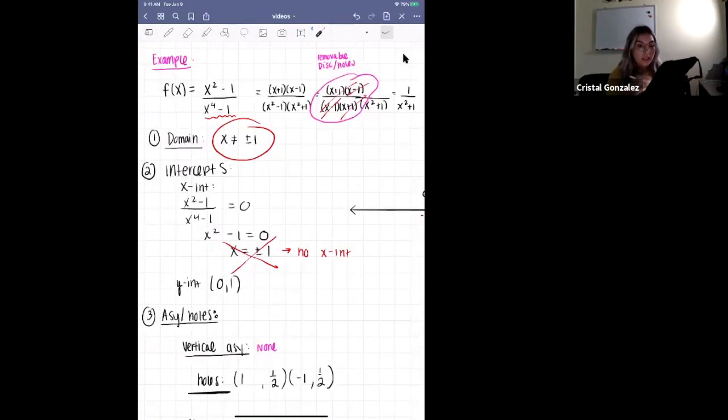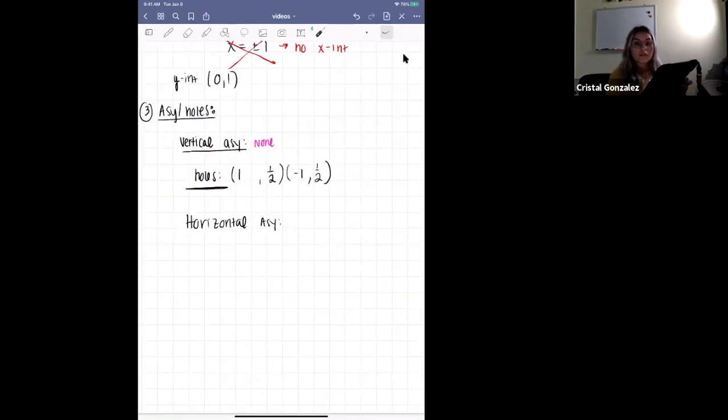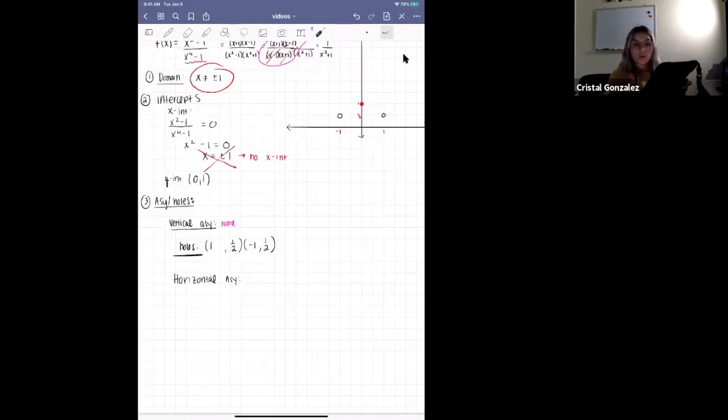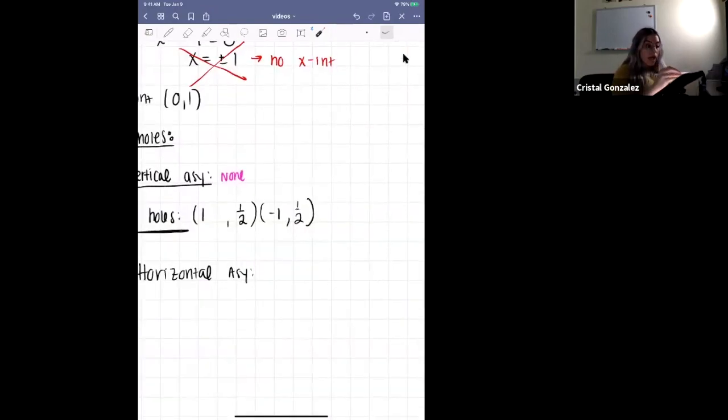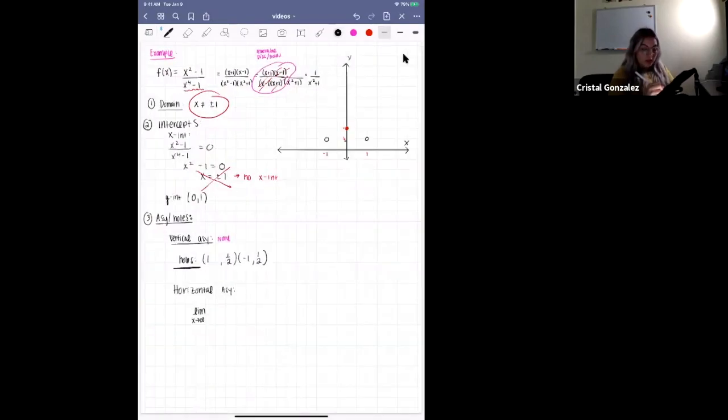So I know that it's going to equal y equals 0, but what if, since we know L'Hopital's rule, we actually used our limit notation and said, if we take the limit as x approaches infinity of f of x, which is x squared minus 1 over x to the 4th minus 1, then what do we get?